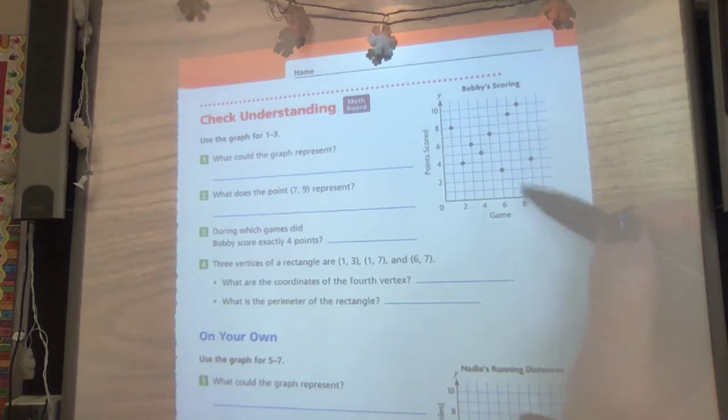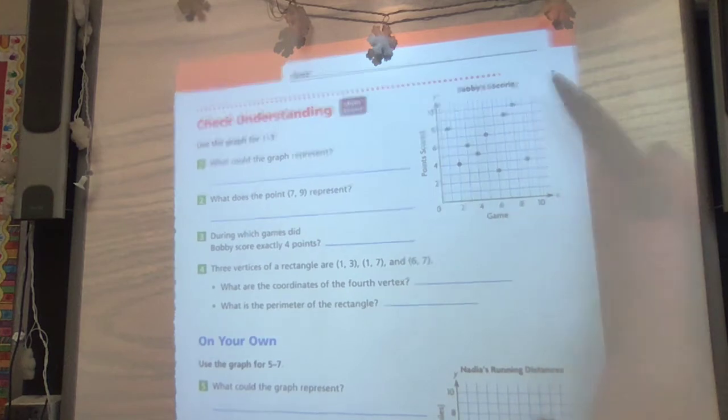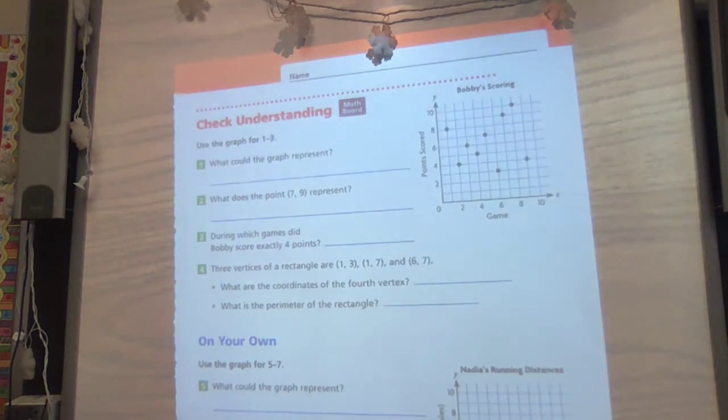So when I'm looking at this, because I'm reading the title and I'm looking here at these labels, I have a pretty good idea this is what this is about because I looked at the title mainly. So you could say this graph is going to represent how many points Bobby scores in each game.